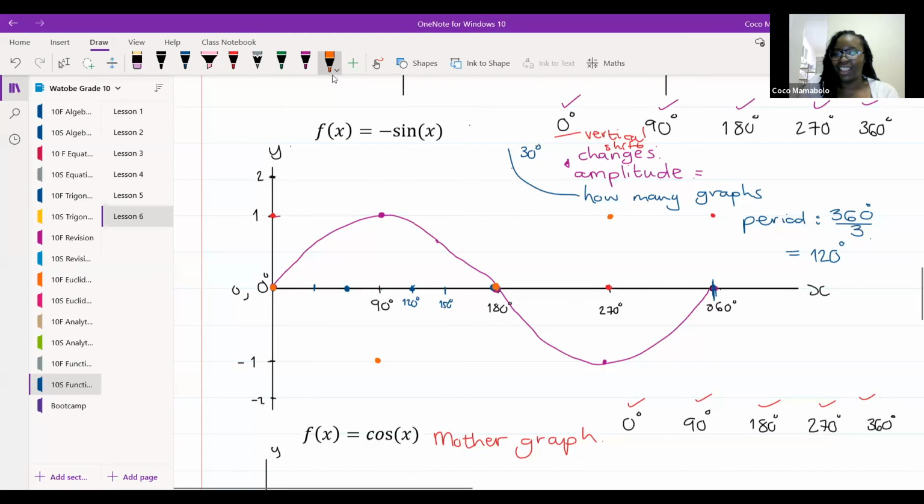Negative sine of 360. Cool beans. Excellent. So what did this negative in front of my graph do, guys? Good. It flipped the graph.